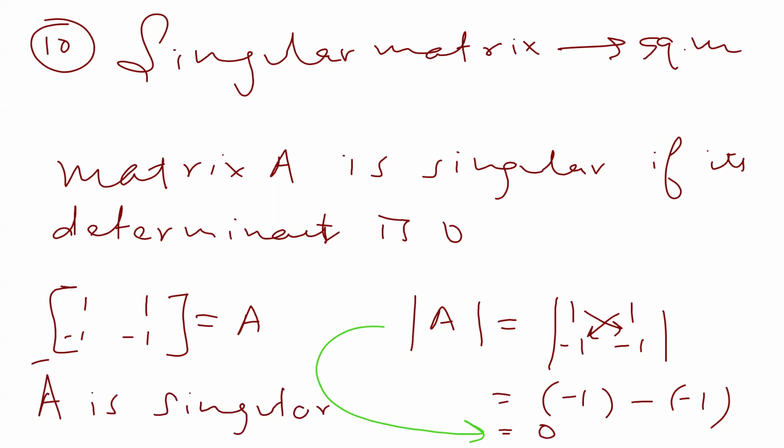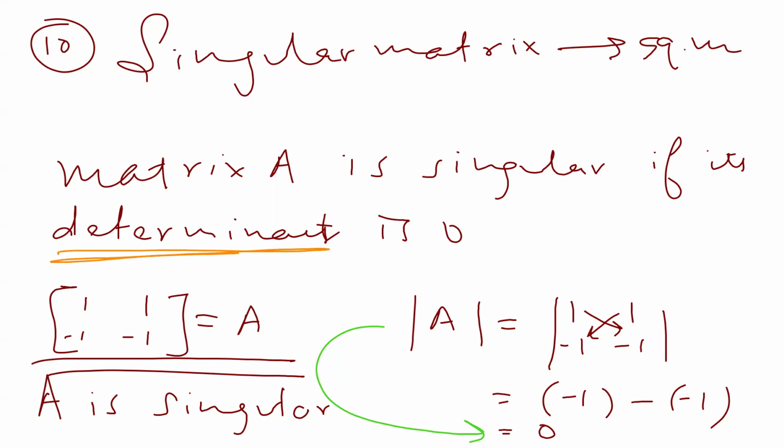And it is not necessary that every time they will give you a 2 by 2 matrix. They might also give you a 3 by 3 matrix. So if we are supposed to prove whether a matrix is singular or not, then we need to find out its determinant.